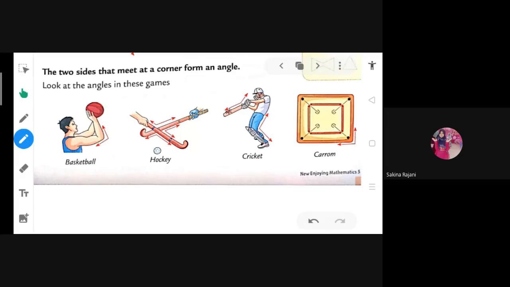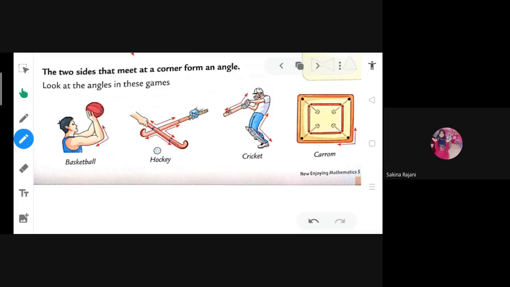Thank you, ma'am. The two sides that meet at a corner form an angle. Look at the angles in the games.